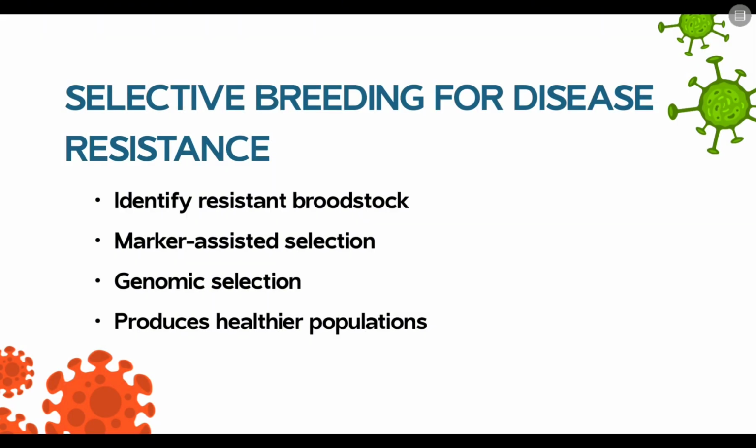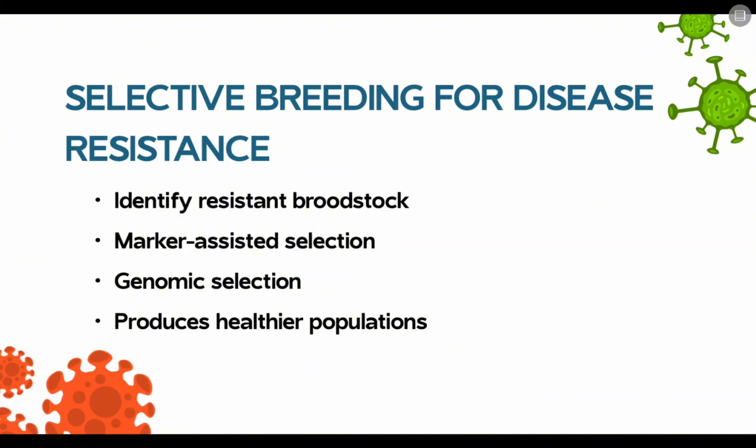And the next is selective breeding for disease resistance. We have here: identify resistant broodstock, marker-assisted selection, genomic selection, and produce healthier populations. Selective breeding involves choosing fish that naturally survive disease challenges and using them as parents for the next generation.